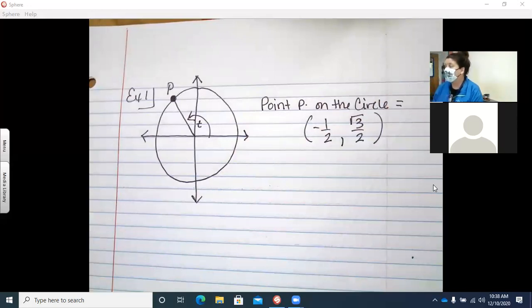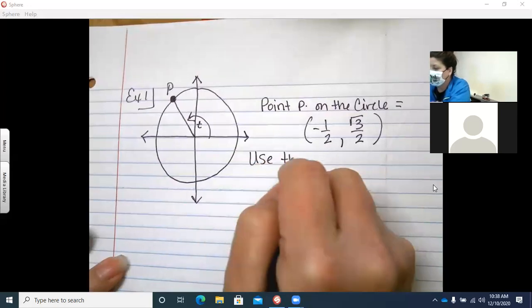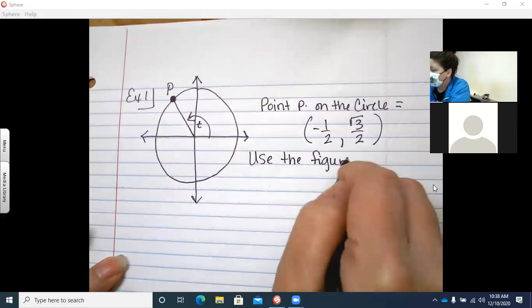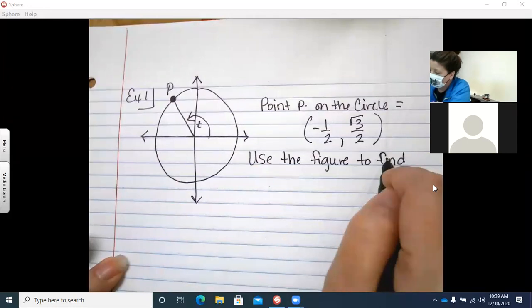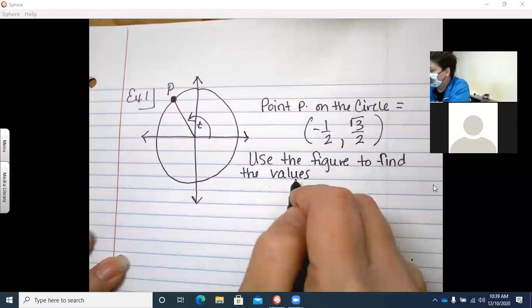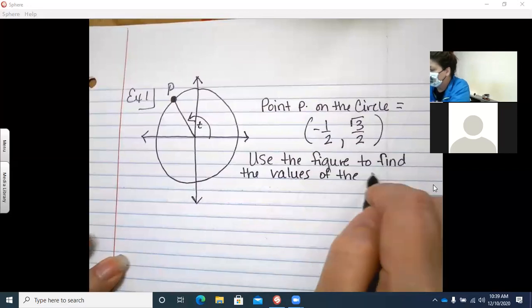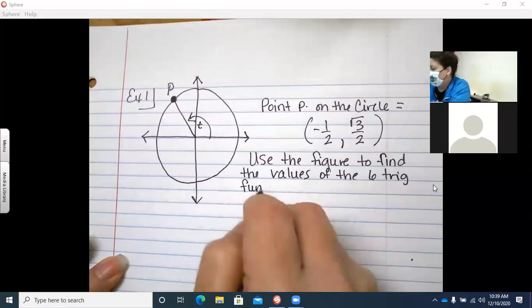If they gave us the angle and we had to find the ordered pair before we could find the 6 trigonometric functions, which is what we're going to do, then we would do that. But they already gave us that, so I don't really care what the angle is. All right? So then I can use the figure to find the values of the 6 trig functions at P.